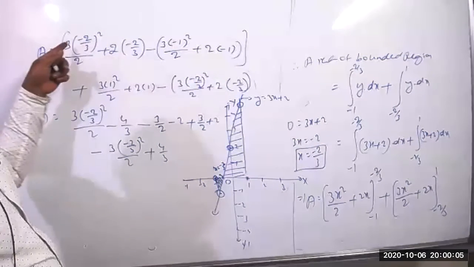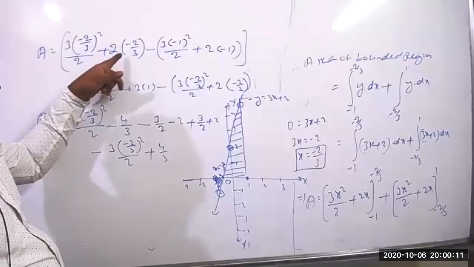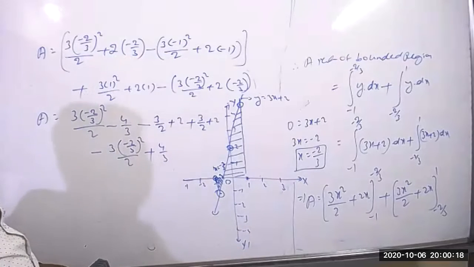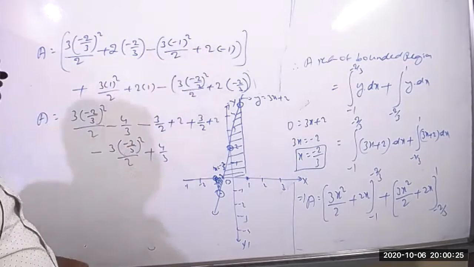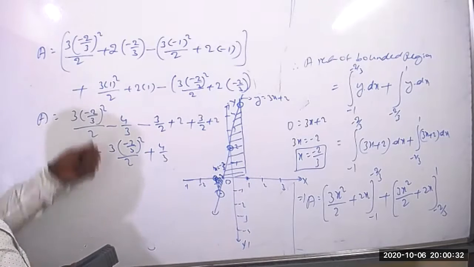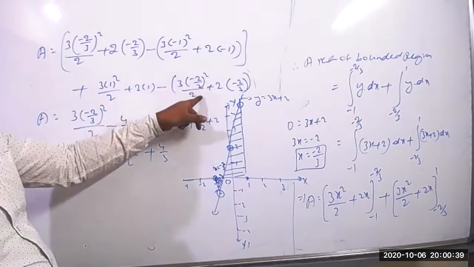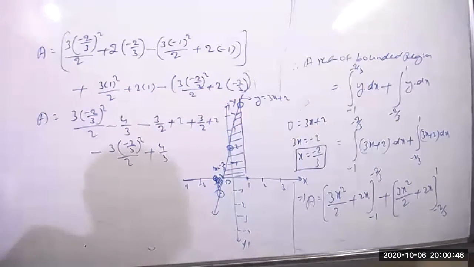Simplifying the first term, you get 3 into minus 2 by 3 whole square by 2, and plus 2 into minus 2 by 3, which is minus 4 by 3, and minus becomes plus, because plus into minus equals minus, minus into minus equals plus. And for 1, 3 into 1 square by 2 plus 2 into 1, minus of 3 into minus 2 by 3 whole square by 2 plus 2 into minus 2 by 3. Clearly these two will be cancelled.